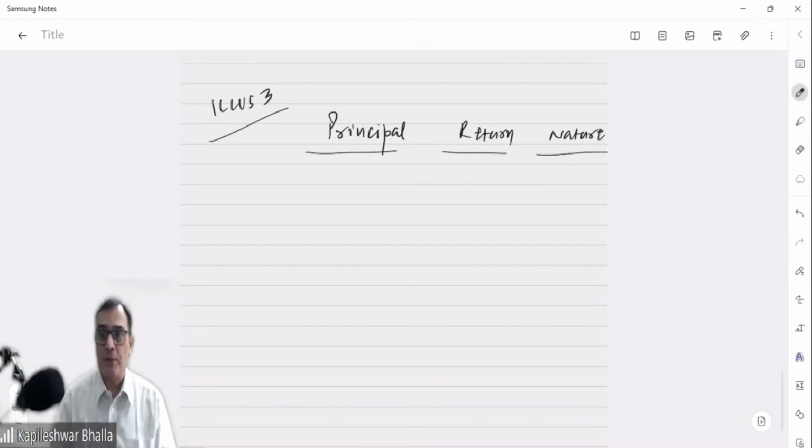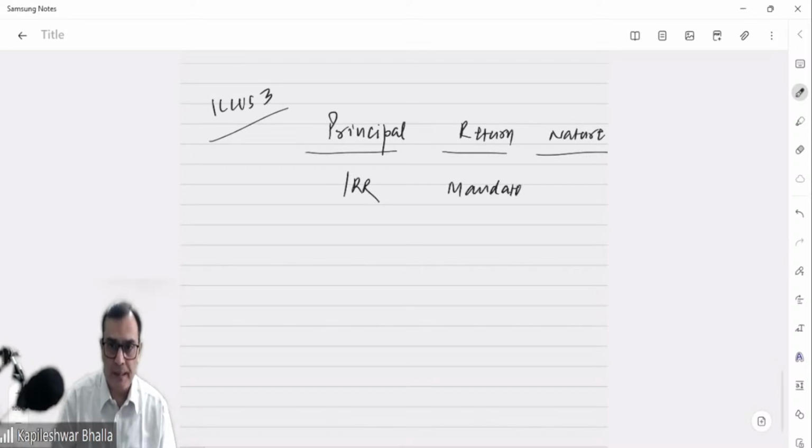As far as the principal is concerned, we have very clearly given that it is irredeemable in nature, and the return is supposed to be mandatory in nature. So this is again based on my chart number 1, because the mode of payment is, of course, cash.